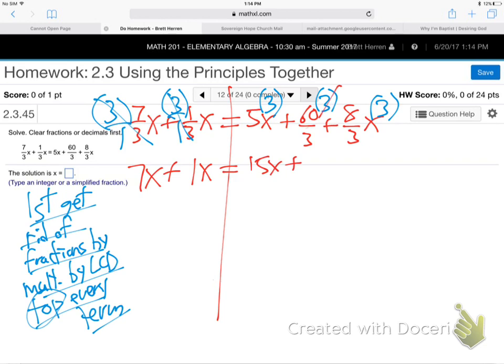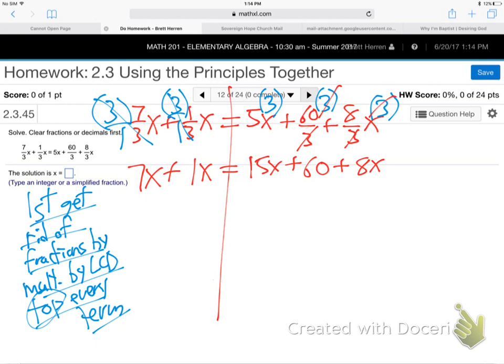Plus what happens here? 3's cancel. 60. 3's cancel. 8x. We good? Much nicer, right? No more fractions.